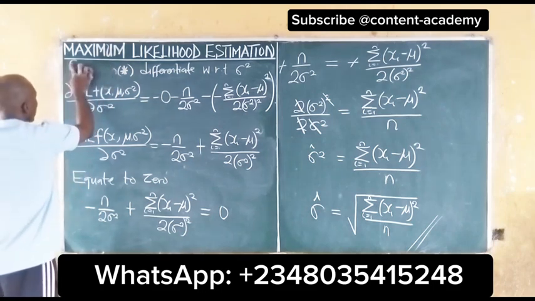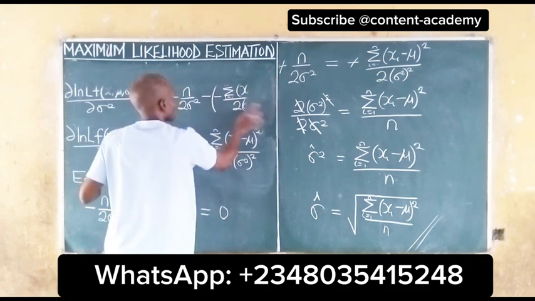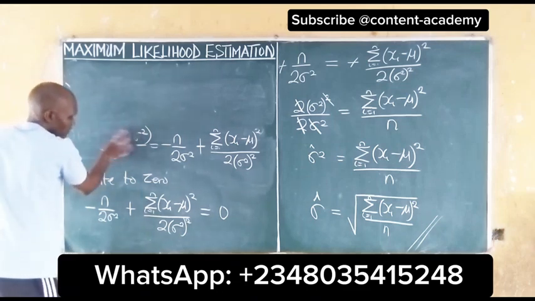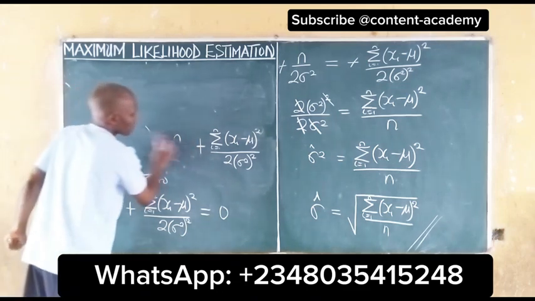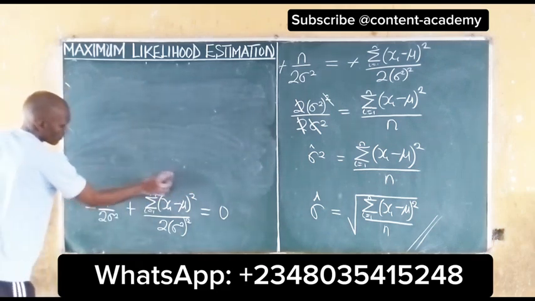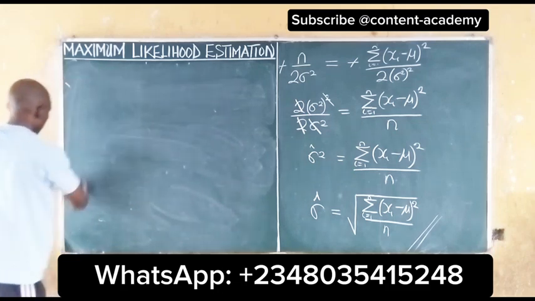Now we can recall all we have gotten in finding the maximum likelihood estimator for the mean and variance.